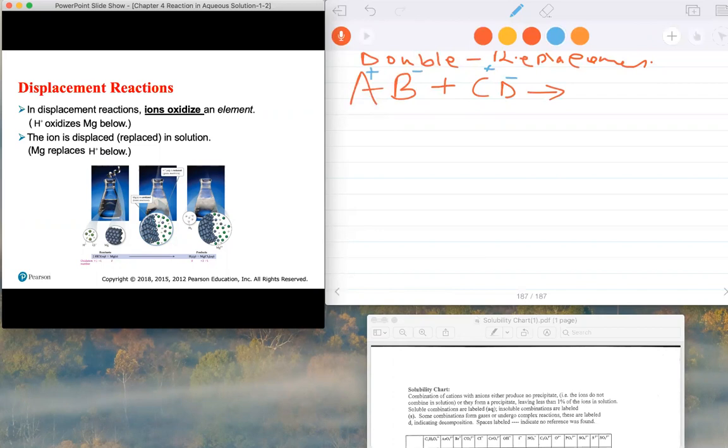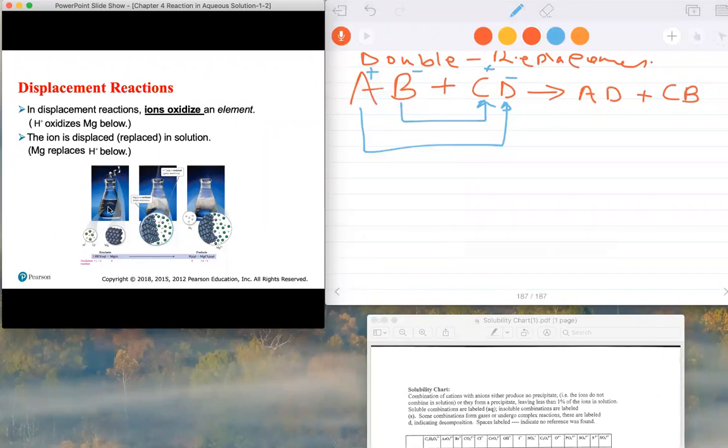So this will replace C to combine with that, and this one will combine with that in the product side. So what we'll end up with is AD plus CB. All right, AD plus CB, and that's a double replacement reaction to differentiate the two.